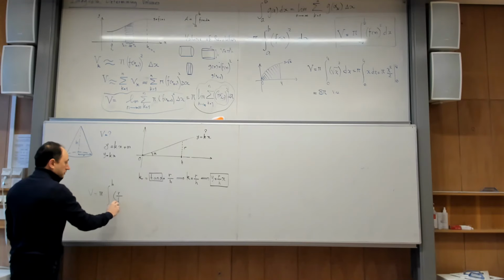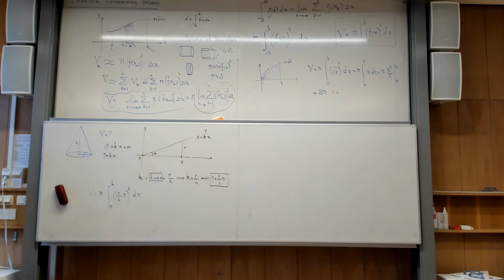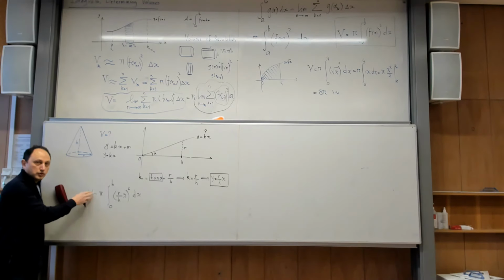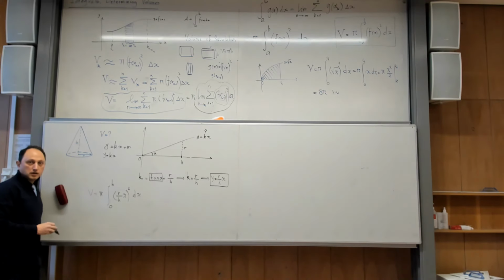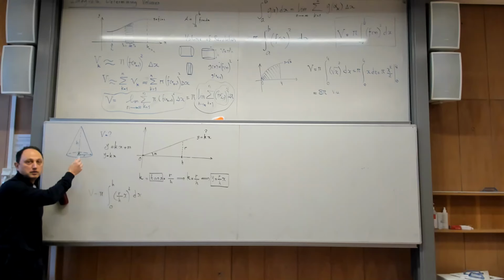So r over h x squared and then dx. Calculating the integral is simple, but I want to wait for you. Are there any questions up to here? I want you to understand why, if I calculate this integral, it gives me the volume of this cone. Is that understandable?